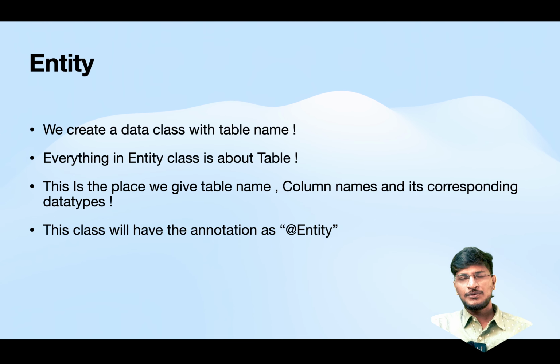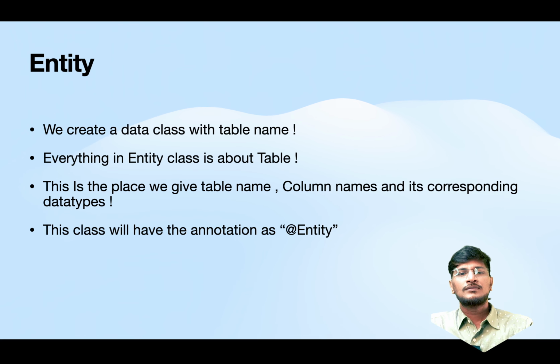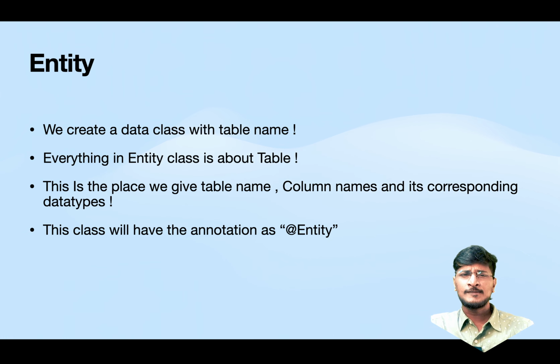When we come to entity, in entity everything is about the table. We create one data class, a custom class, and we put an annotation called @Entity. That @Entity is coming from your dependency. The class name is going to be your table name.